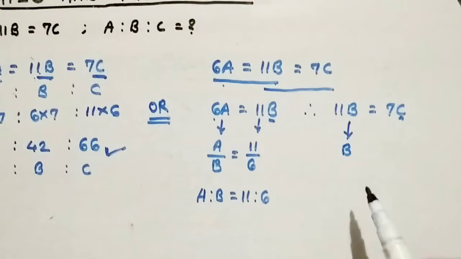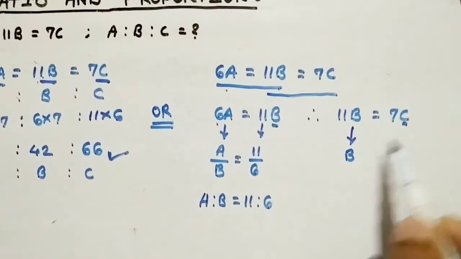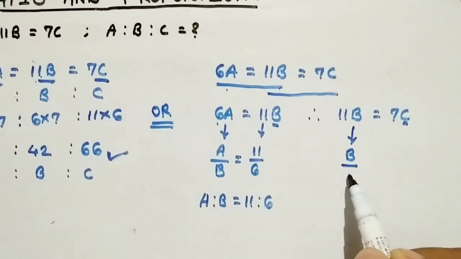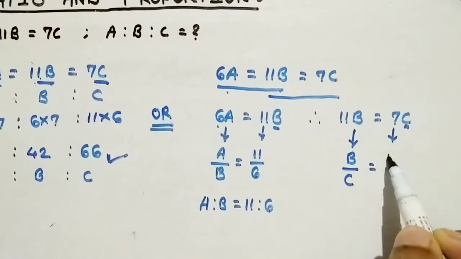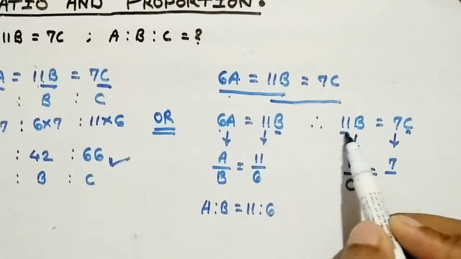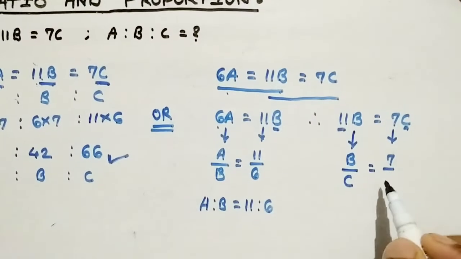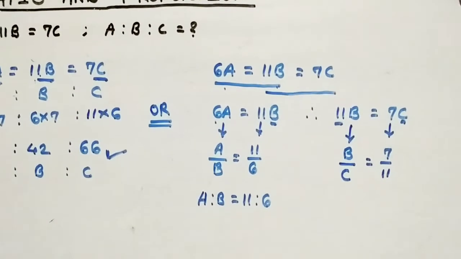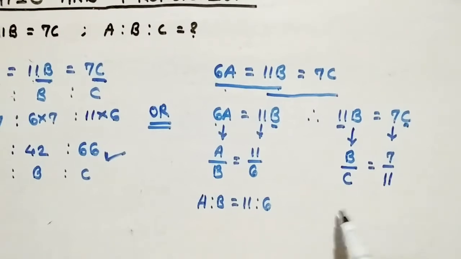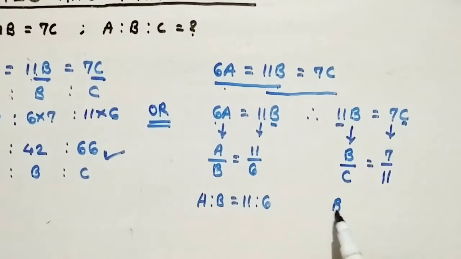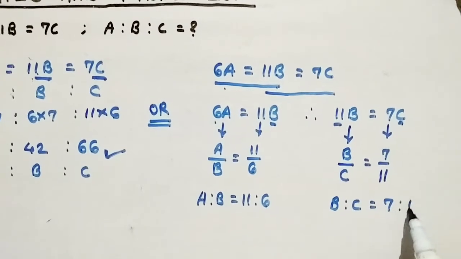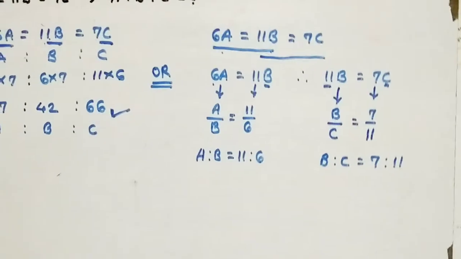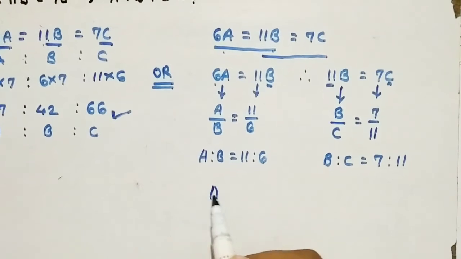So B as it is and C moves to the left side, that is the denominator part, and 7 as it is and 11 is moved to the right side, then we consider it as the denominator side. So I can write here B is to C is equal to 7 is to 11. Right? So then what we will do?